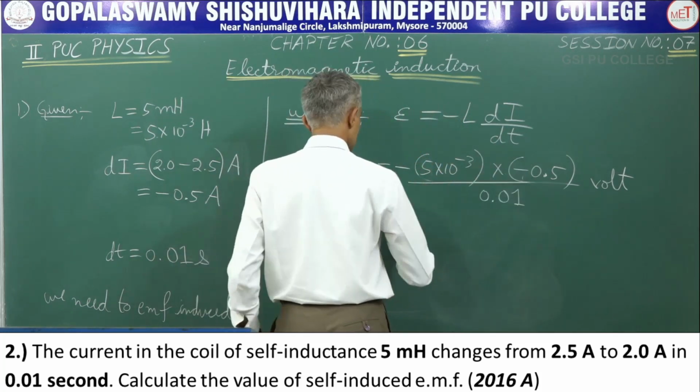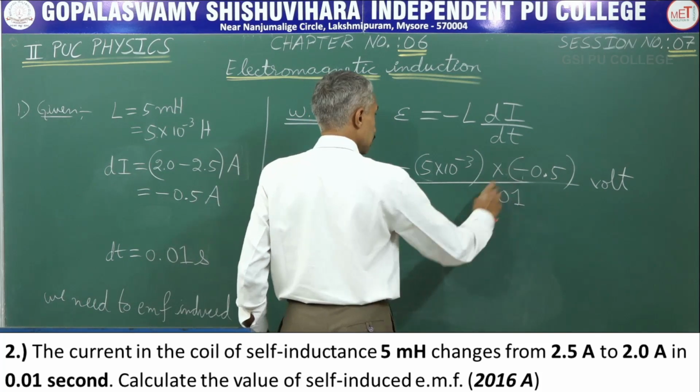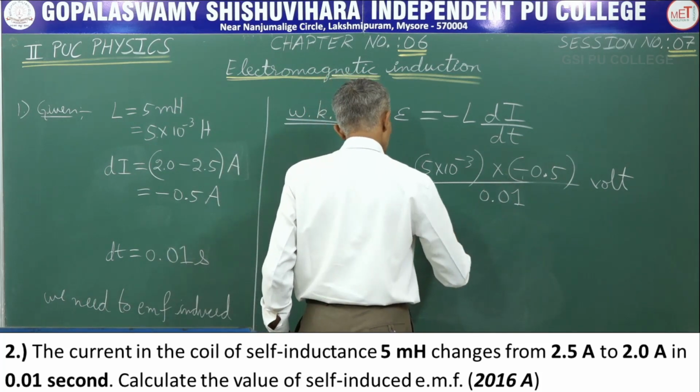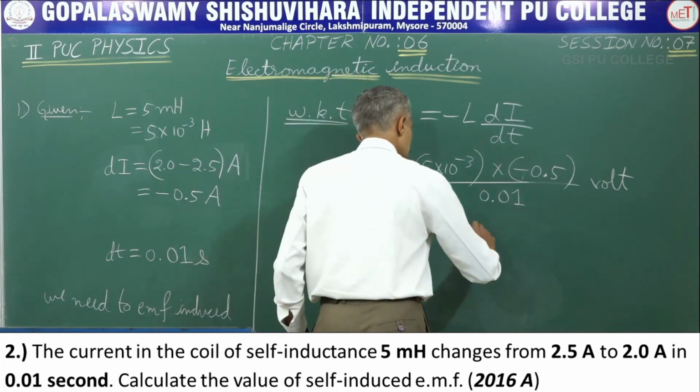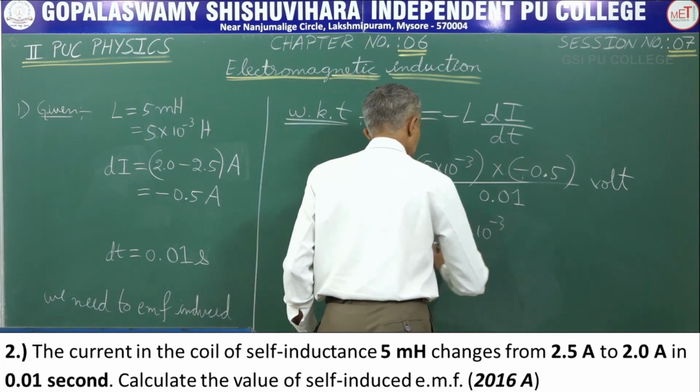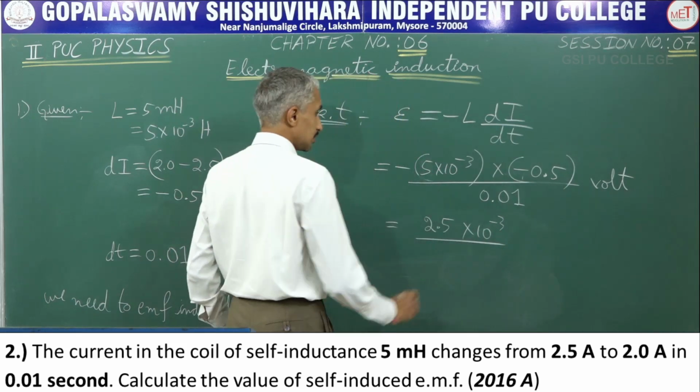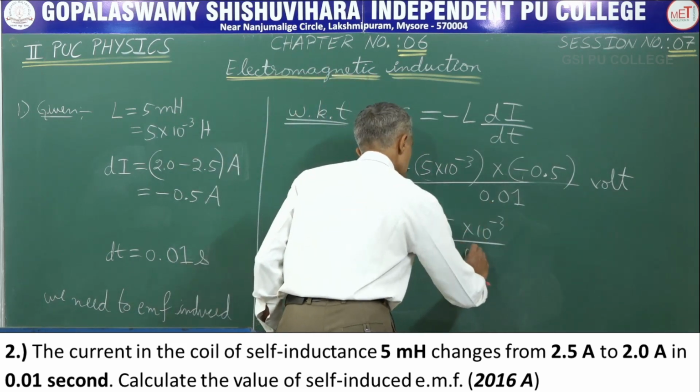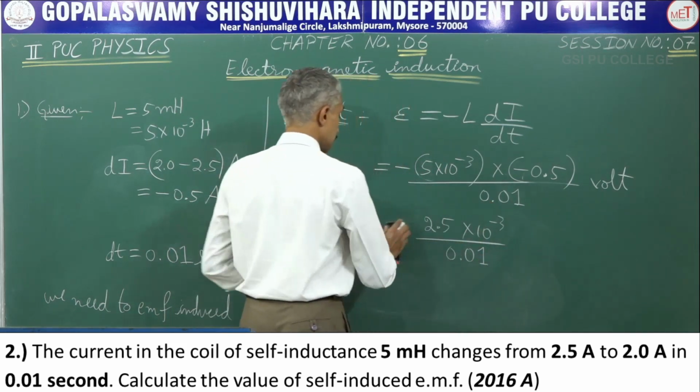Minus of minus, you can take it as plus. 5 into 0.5, I will get this as 2.5 into 10 to the power minus 3 divided by 0.01 volt.